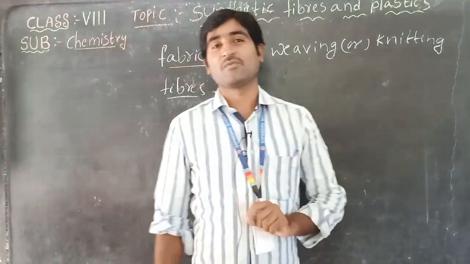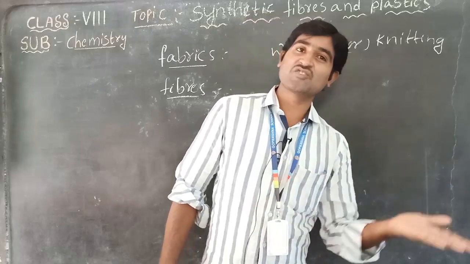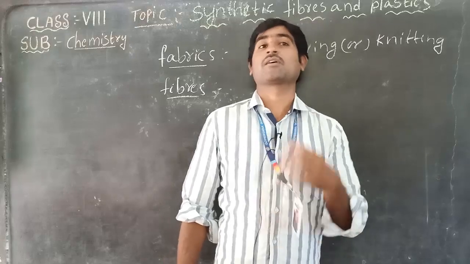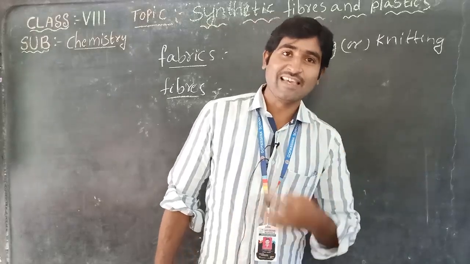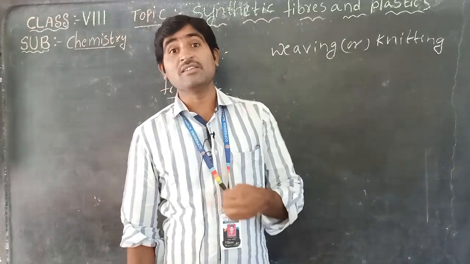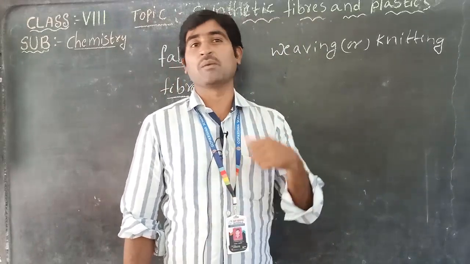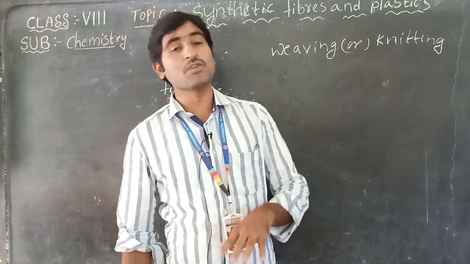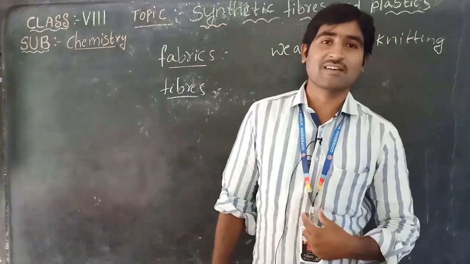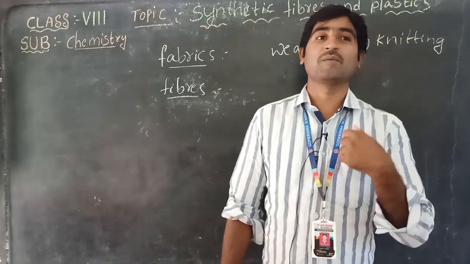So we will name some fibers, either natural or artificial. Some examples are cotton, silk, wool, nylon, rayon. These are some examples of fibers, whether natural or synthetic. Write some common articles which are made up of fibers.